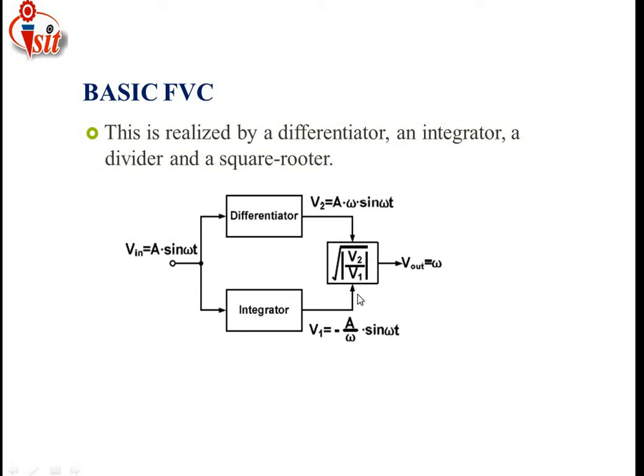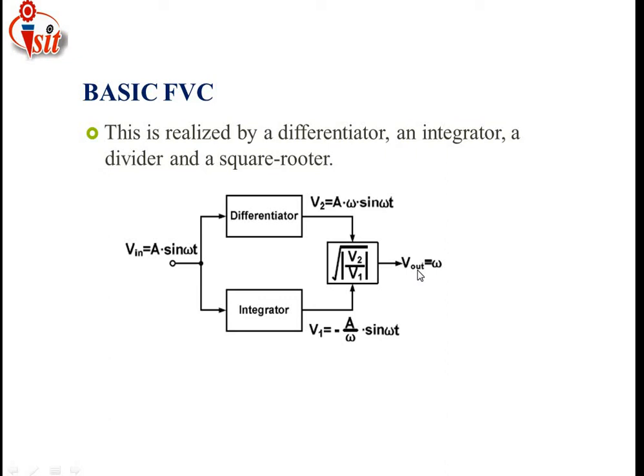Here we take the square root of the differentiator output divided by the integrator output, and then we get the output. That output is nothing but voltage out, the voltage converted from that frequency. Omega represents angular frequency and V out is the voltage.